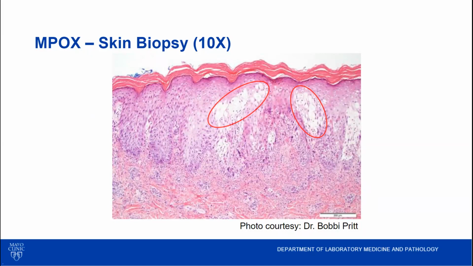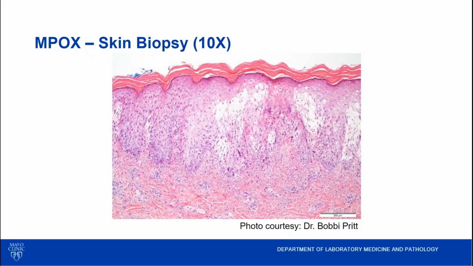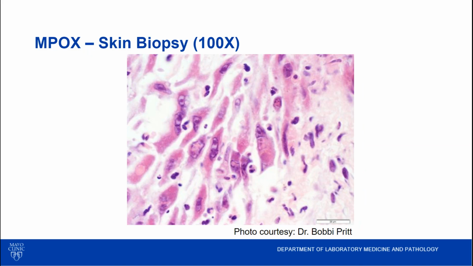The other thing that I'd point out is if you look at areas where there's darker staining, that's usually in histopathology, areas that we want to focus in on. And if we zoom in on those darker staining areas, you can see that there are some multinucleated cells.